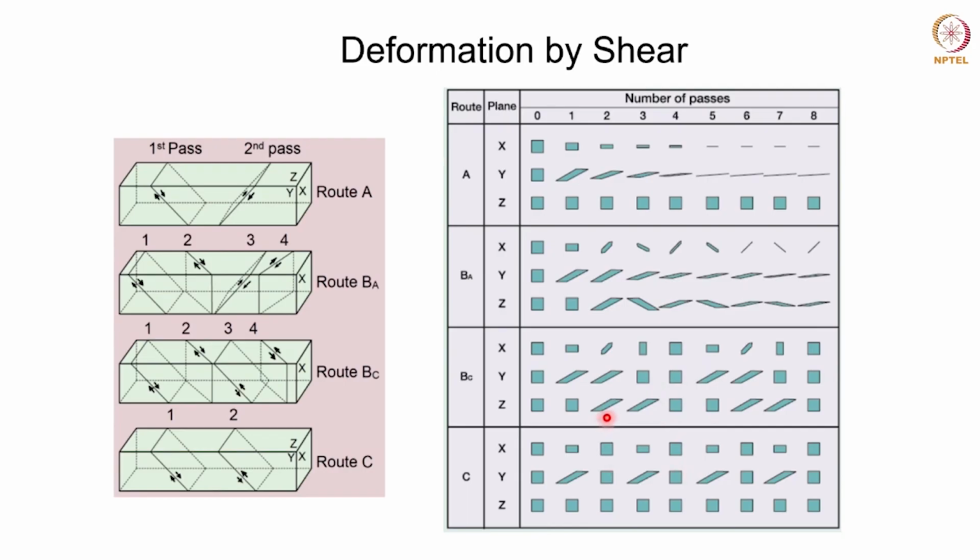If you remember, I had said that dynamic recrystallization which occurs in a material can play a very important role in the severe plastic deformation process. So we'll have to look at how this phenomenon, dynamic recrystallization, plays a role over here in severe plastic deformation to refine the grain size.